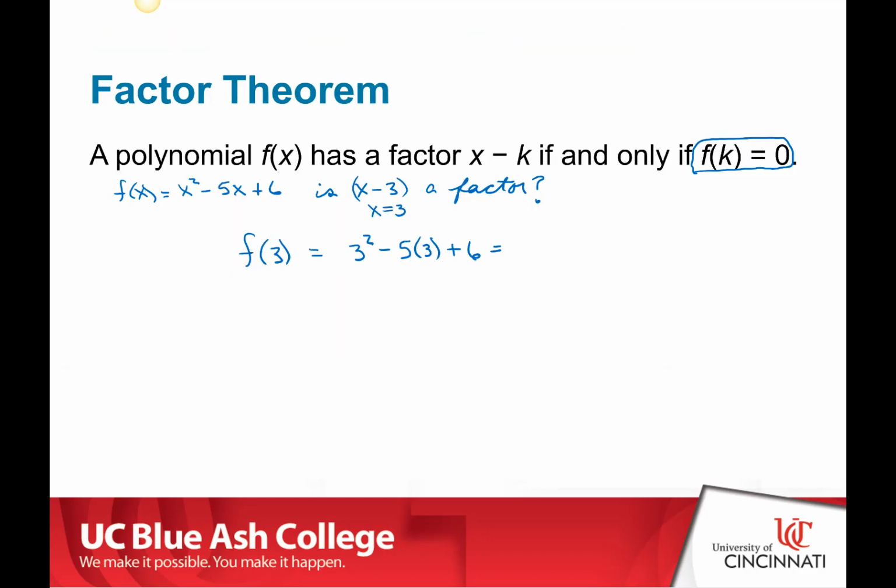If it equals 0, then what we started out with, x minus 3, is a factor. It's a quick, easy way to test it. You just plug it in and see what you get. Yeah. So if you get back 0, it's a factor.